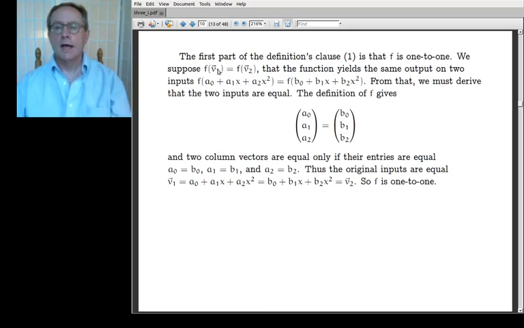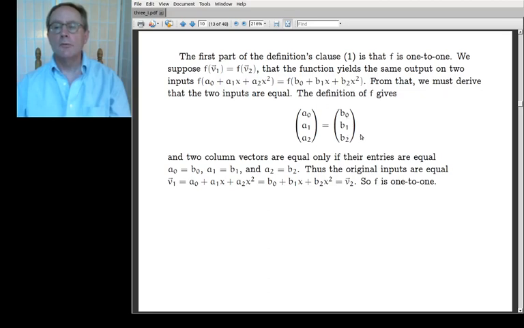So let's start in. f of v1 equals f of v2. So here's a member of the domain. Here's a member of the domain. The definition of f gives that you take the coefficient of the constant and put it there, the coefficient in front of x, put it there, the coefficient in front of x squared, put it there.